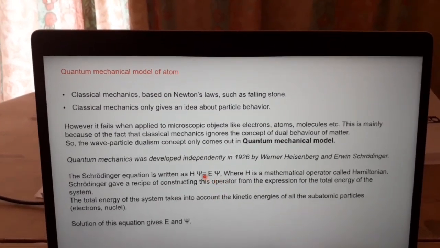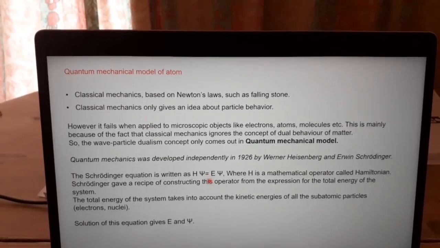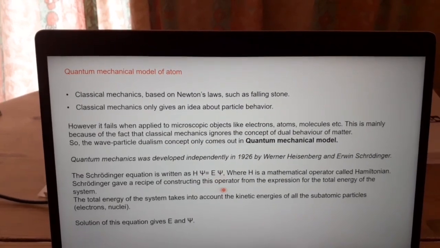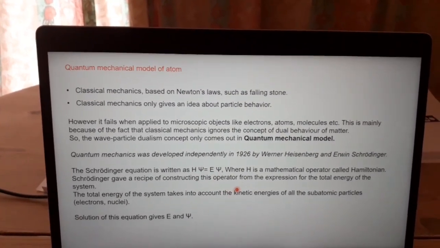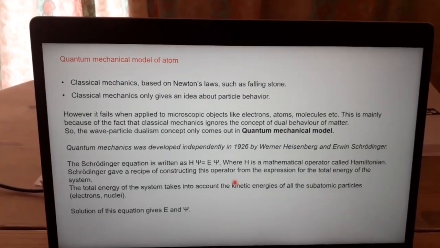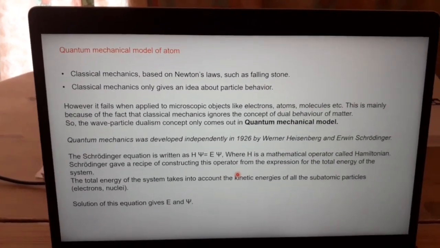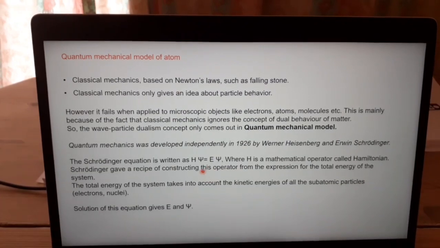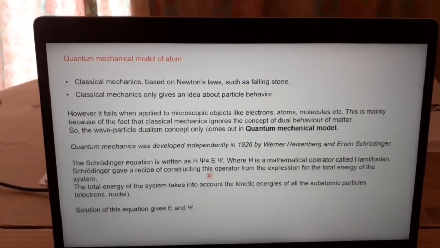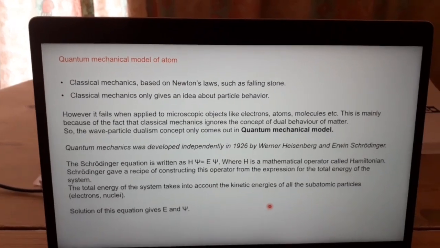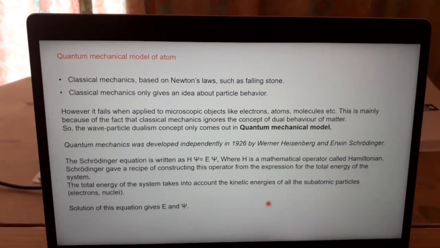At the same time, you can also solve for the psi function, and this solution gives different quantum numbers that will come up later. So in this formula, it is important to know H psi equals E psi, and the solution for E and psi gives different aspects of the atomic model.